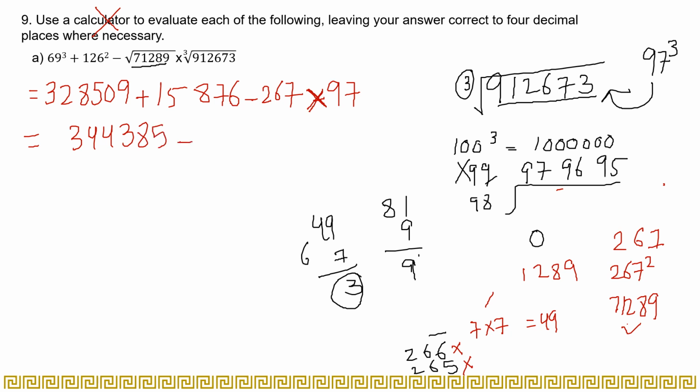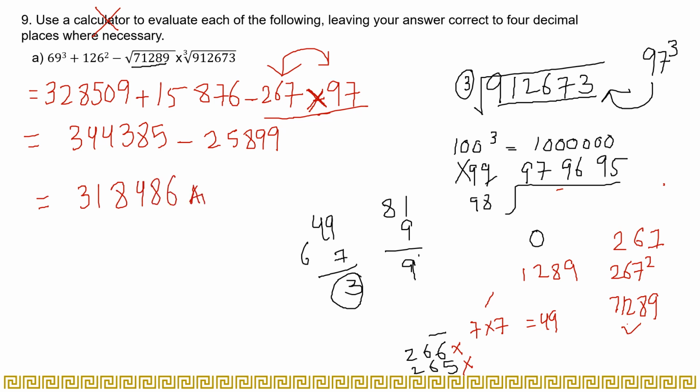Actually in the BODMAS rule you have to multiply first. It's okay if you add these two terms, because you already have to do the multiplication of these two numbers. When you multiply these two numbers, you will get 25899, right? And now you just have to subtract these two numbers, and by subtracting these numbers, you will get 318486, and this will be your answer.